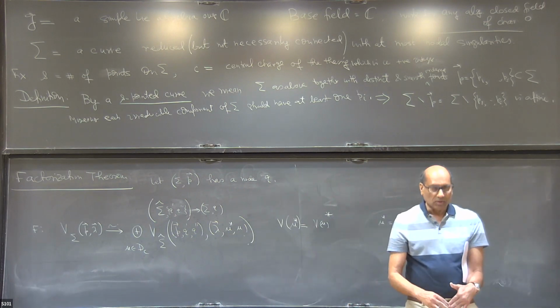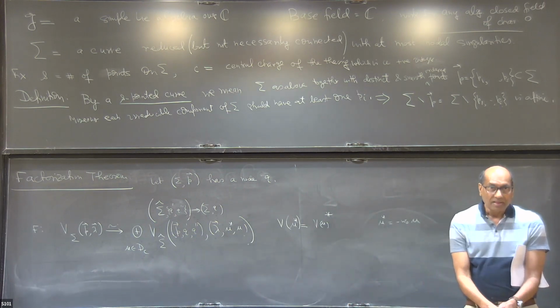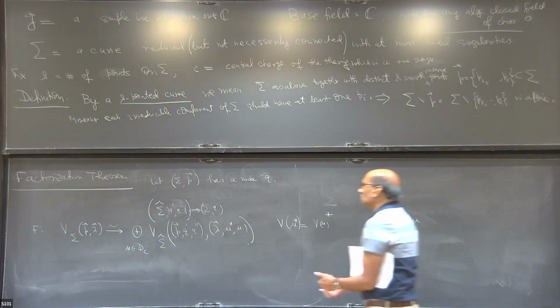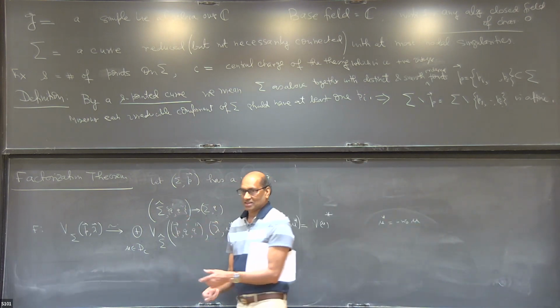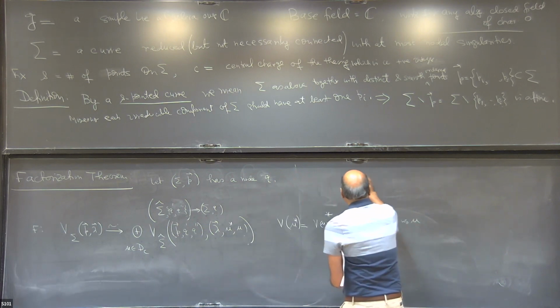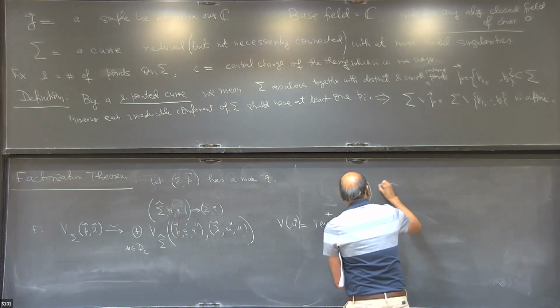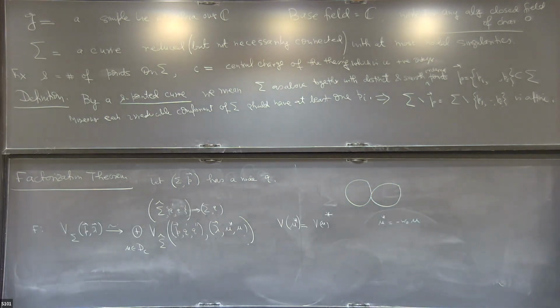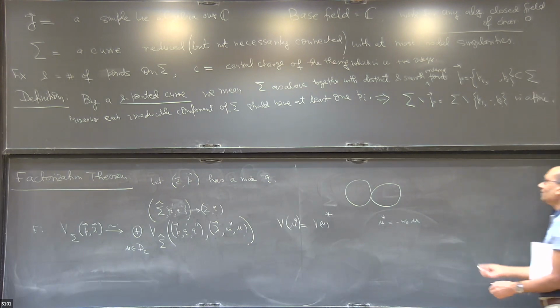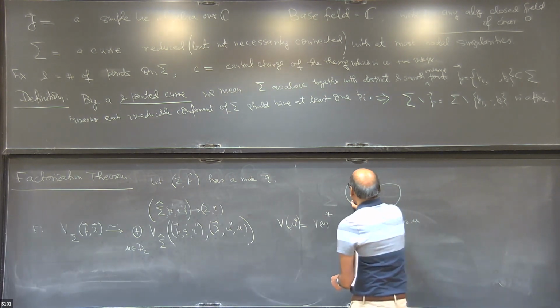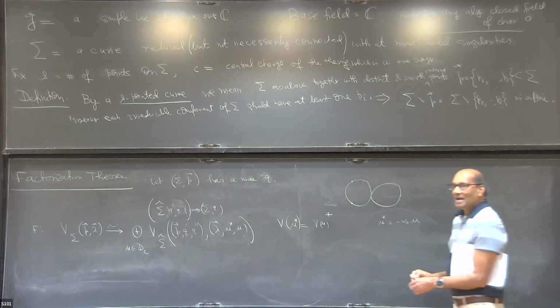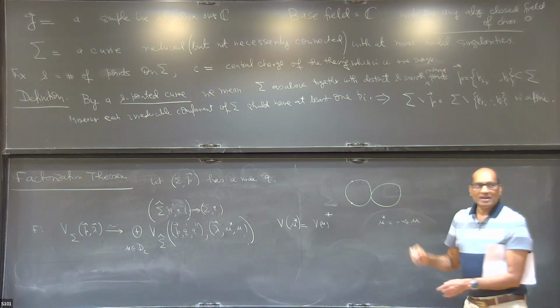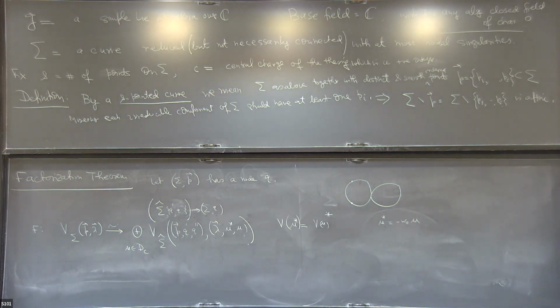And once you come to a genus 0 curve, you are still able to apply this factorization theorem, and the picture will be as follows. Suppose I have 1 million points on P1. I will keep 2 points here, and I will leave 1 million minus 2 points on the other one.